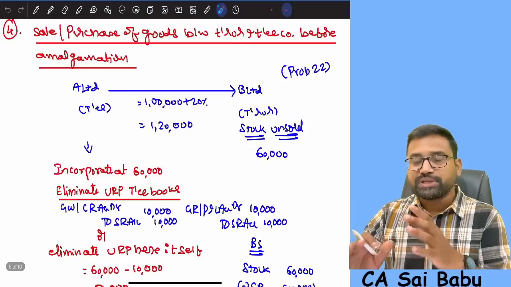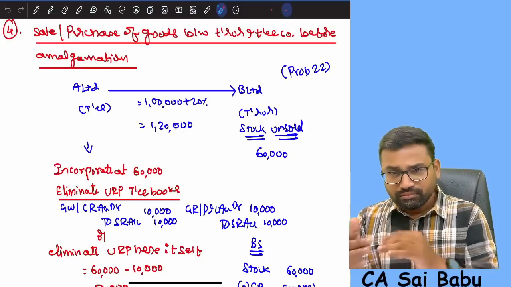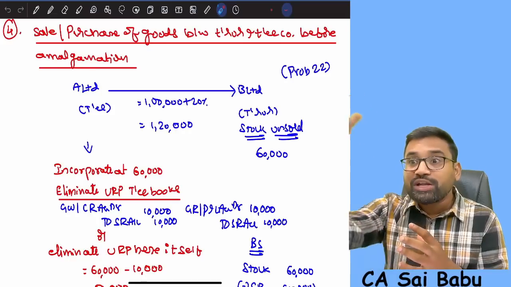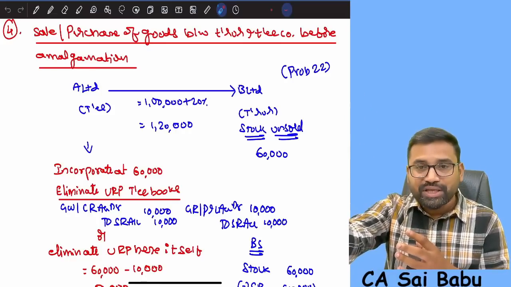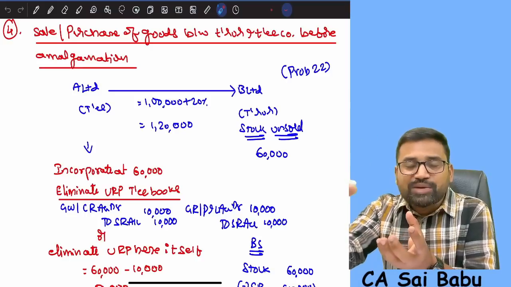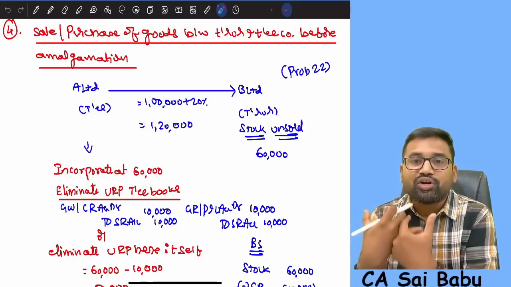So therefore, very simple. When the transferee company sold goods to the transferor company before amalgamation, and now both companies are amalgamating, whatever stock is there in the transferor company, the unrealized profit in that stock we need to eliminate, because that profit is not yet realized and not relevant for us.